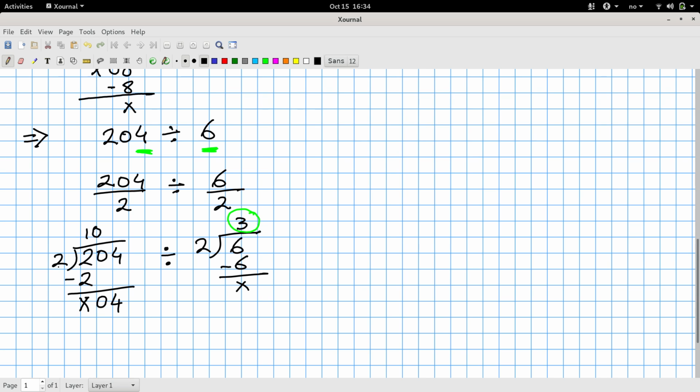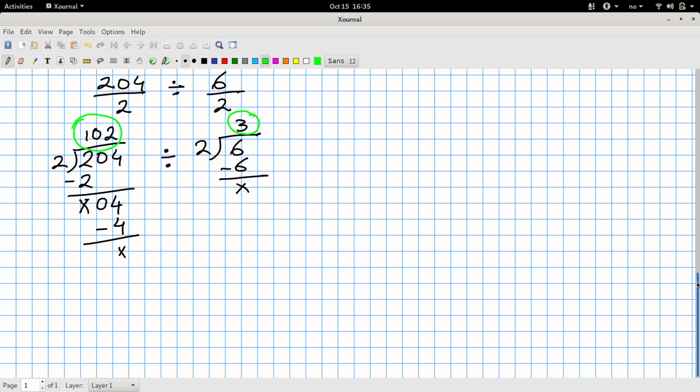So we know this is just 4, not 40. So we know 2 2s are 4. So we write 2 multiplied by 2 gives us 4. And we subtract that. 4 minus 4 is 0. In that case, nothing left. So we have a successful division on the left side as well. And the number we got is 102.